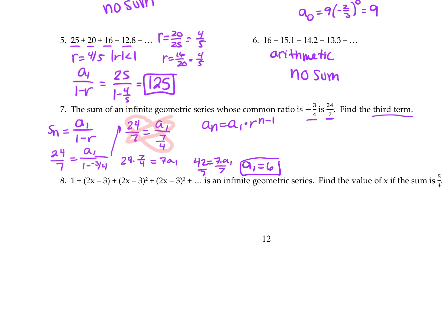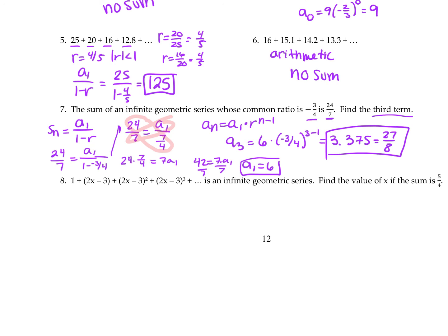All right, so now let's use this formula. I want to find the third term when my a1 is 6, my common ratio is negative 3/4, and again I'm finding the third term, so I'm going to put 3 in for n, and I would get 3.375, or if you wrote it as a fraction, 27 over 8 would be my third term.